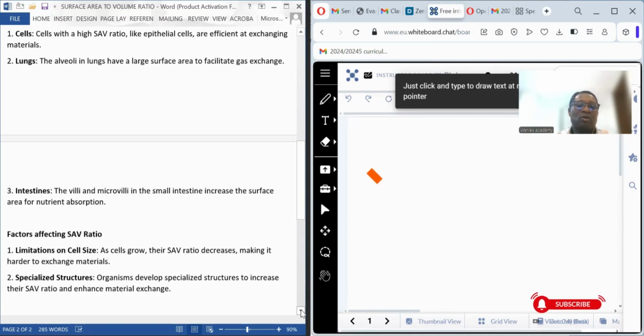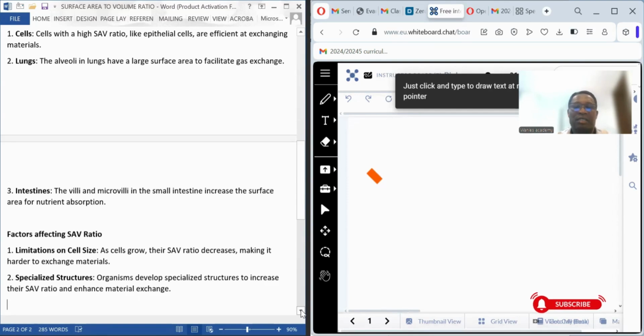So the more the number of villi and microvilli in the small intestine, the higher the surface area and the more efficiently materials will move into the cells and tissues of multicellular organisms like man. So the villi that line the cells of the small intestine increase the surface area of the small intestine for the absorption of what? Nutrients.